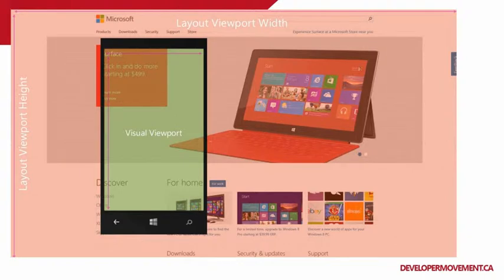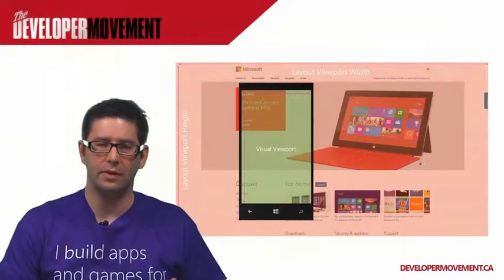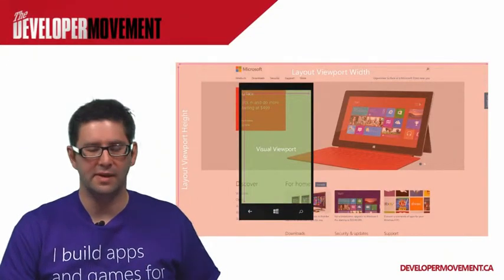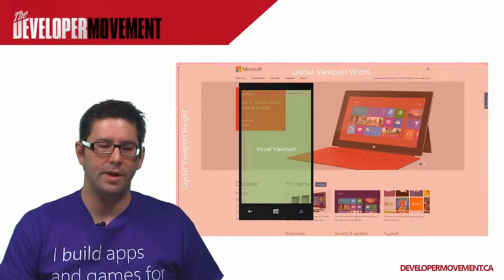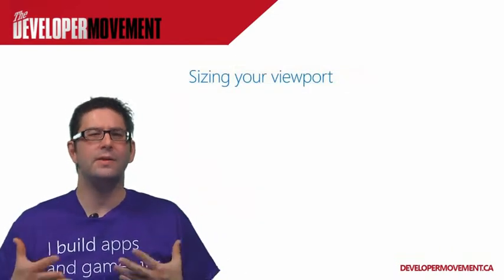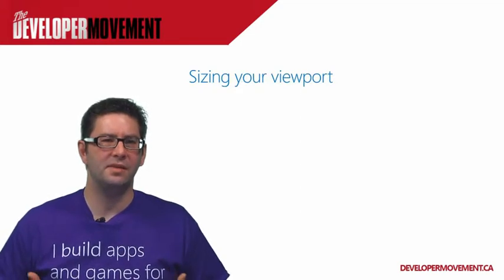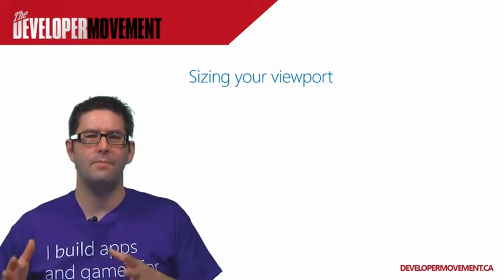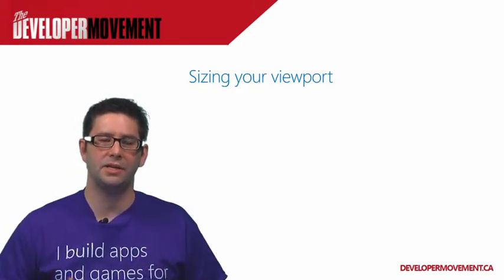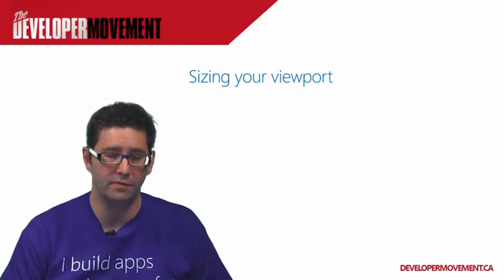In the case of a smartphone, for example, you have very little screen real estate available to you from the layout viewport side. So in this case, you're going to have to do a lot of scrolling back and forth, sideways, all those types of things in order to get all the information. So how do you deal with that within your web page? And that's something to keep in mind when you're building a web-based or hybrid-based application for Windows Phone 8 or for any other smartphone for that matter.